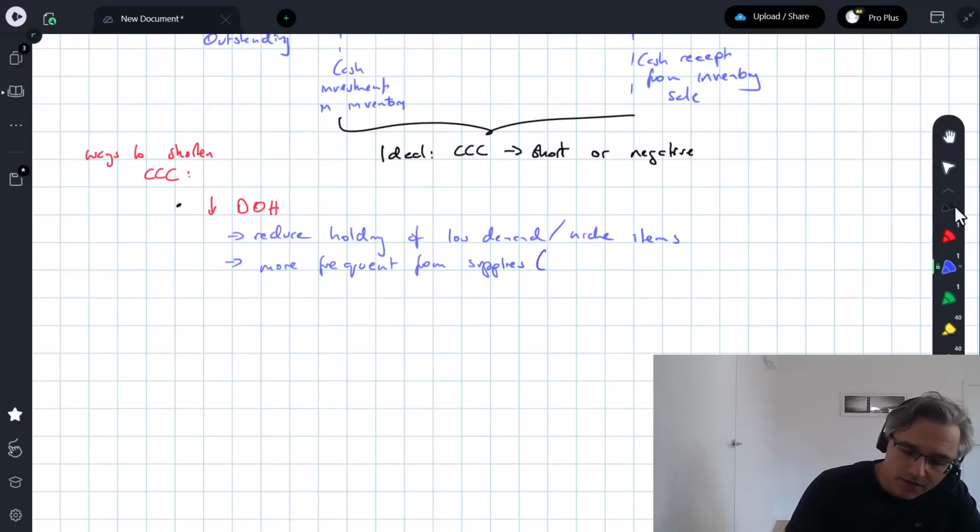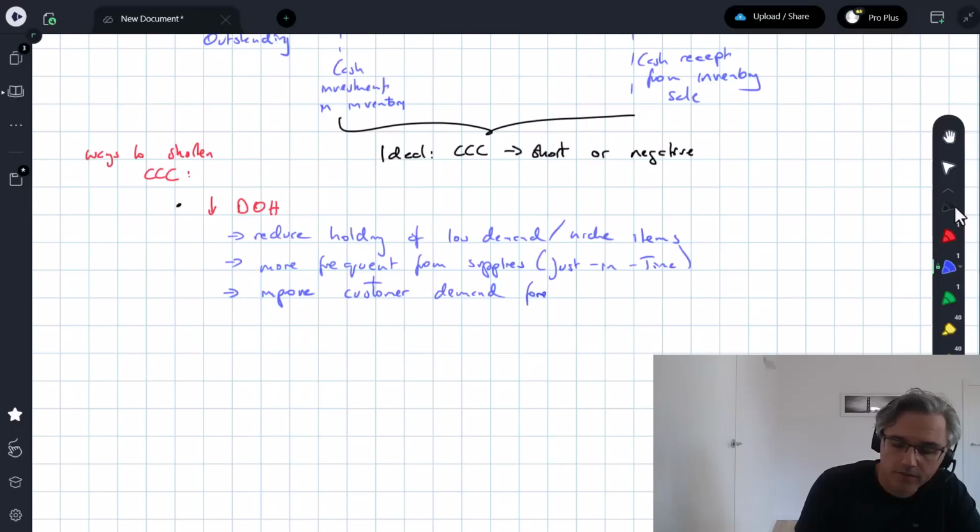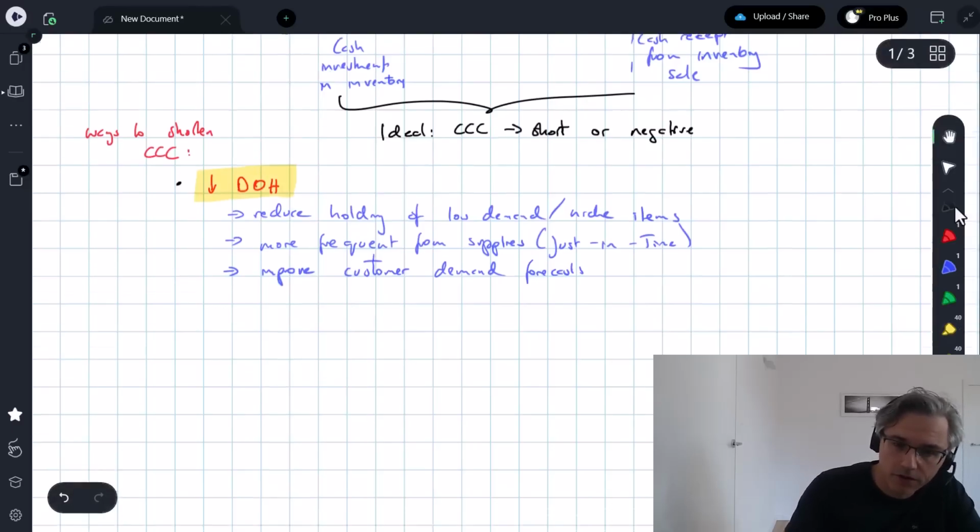And so this is associated with systems like just in time. Another idea is maybe try to improve the quality of your customer demand forecasts. Okay, that's another avenue suggested by the curriculum.